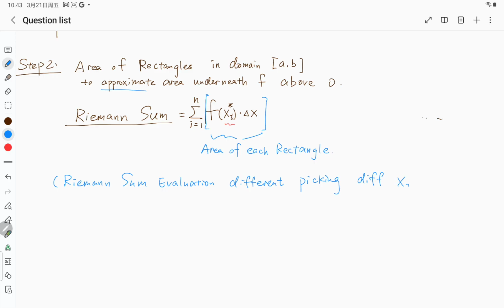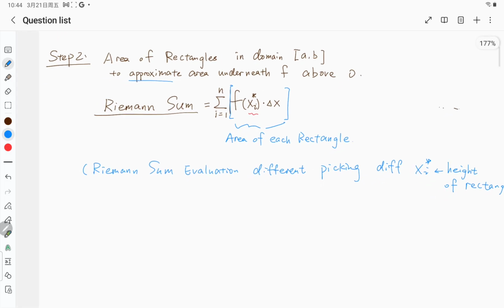Picking a different x_i star, which determines the height. So you pick it according to the function, like the problem requirement, the height of the rectangle.